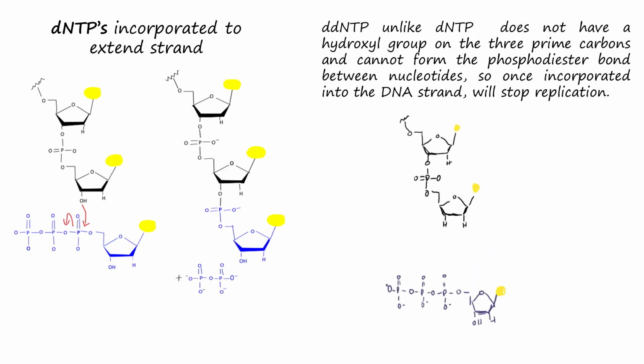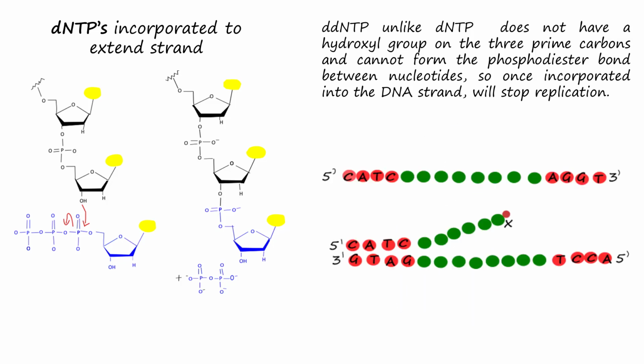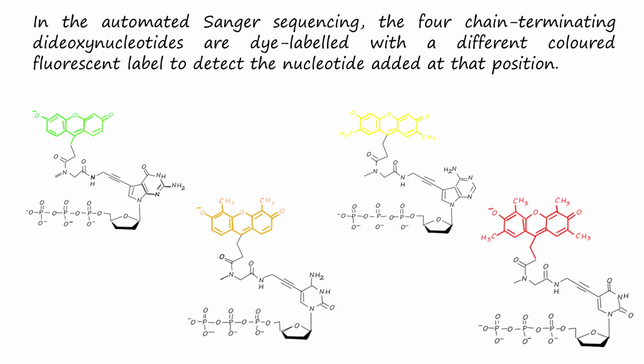So once incorporated into the DNA strand, it will stop replication. In the automated Sanger sequencing, the four chain-terminating dideoxynucleotides are dye-labeled with a different colored fluorescent label to detect the nucleotide added at a specific position.